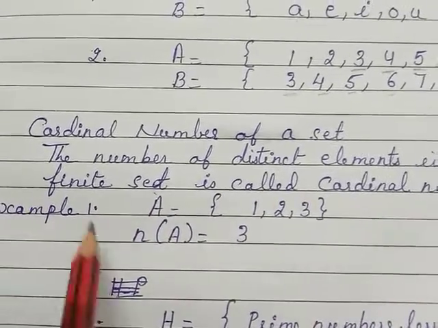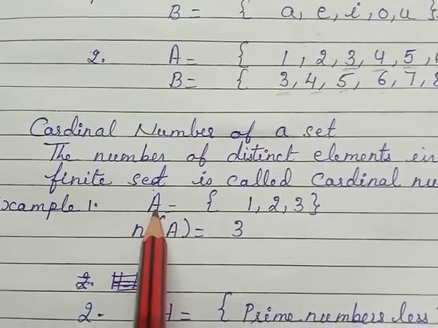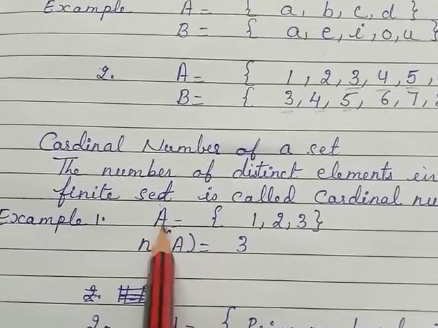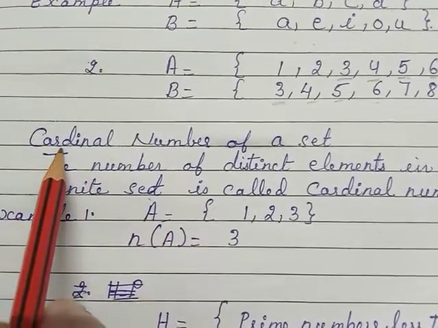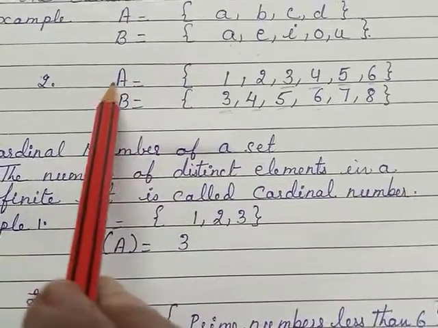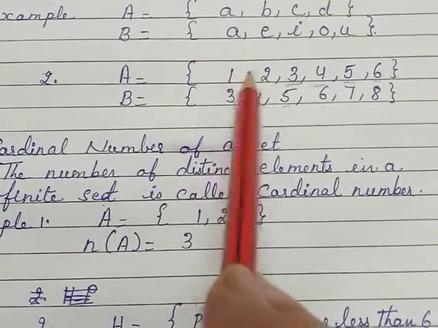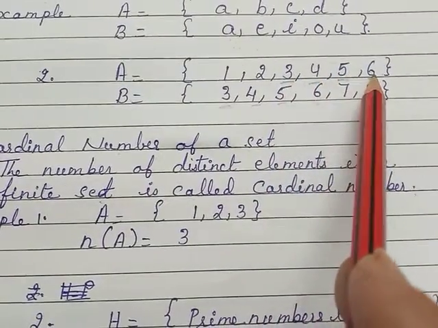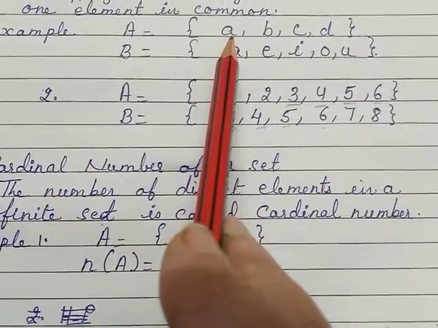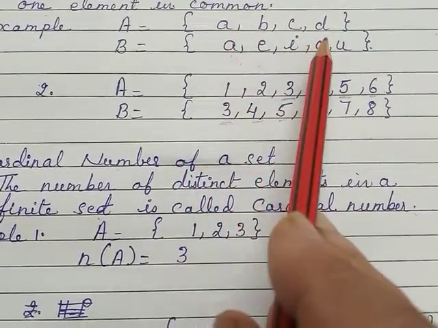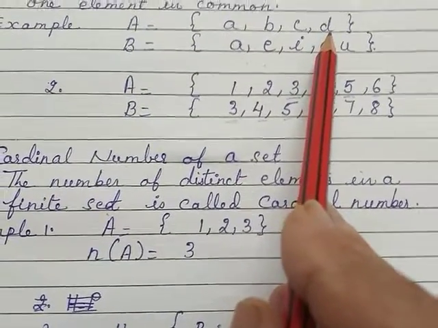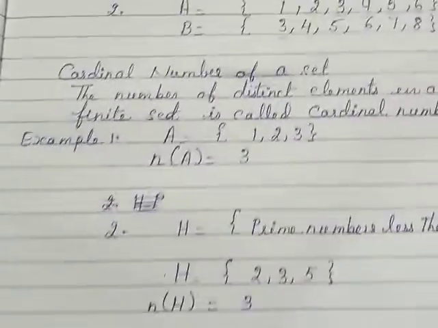For example, you can see here in this A, 1, 2, 3, 4, 5, 6. How many elements are there? 6 elements. See here in this set A, B, C, D, how many elements? 1, 2, 3, 4 elements. We can count, so this 4 is the cardinal number.